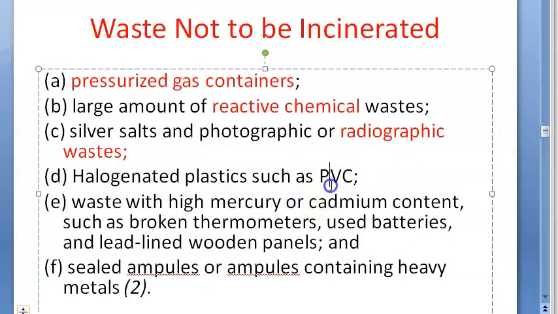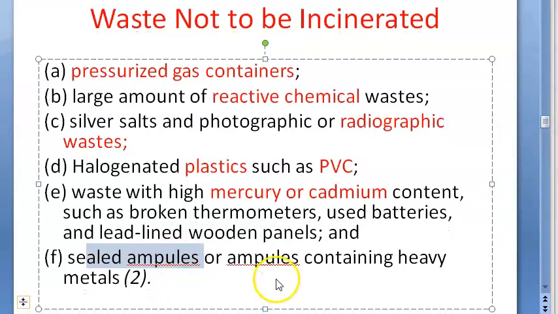Obviously, you want to recycle, right? You don't want to burn plastics. Then mercury, cadmium, you will not put all this. All these will produce dangerous gases, isn't it? So ampules. Why will you put ampules? Sealed ampules can contain something. So sealed ampules or ampules containing heavy metals, heavy metals and all you should not burn. Okay.